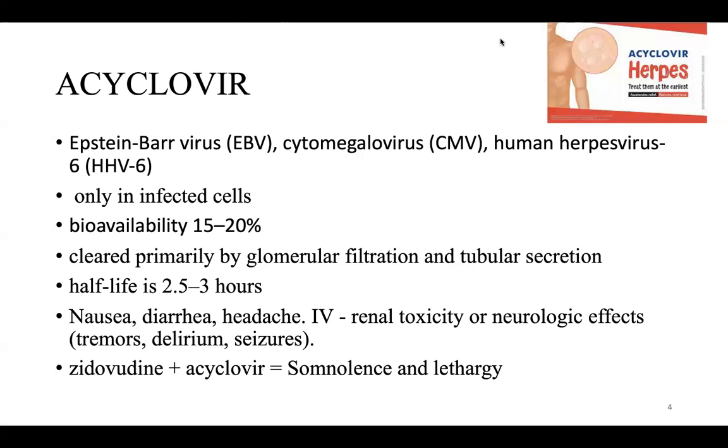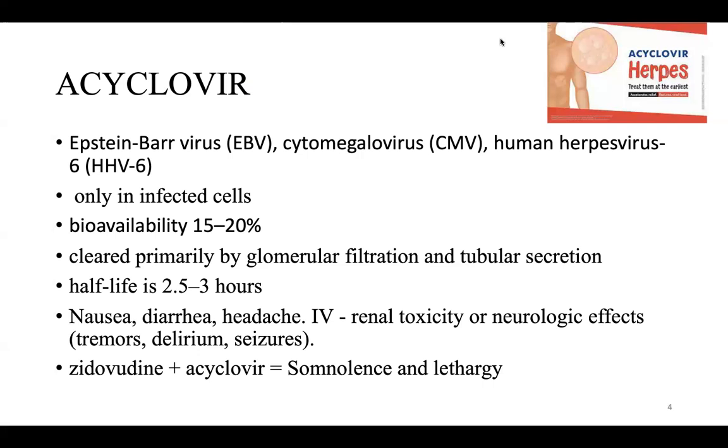In recurrent genital herpes, the time course is shortened by 1 or 2 days. When given prophylactically to patients undergoing organ transplantation, oral or intravenous acyclovir prevents reactivation of herpes virus infection.